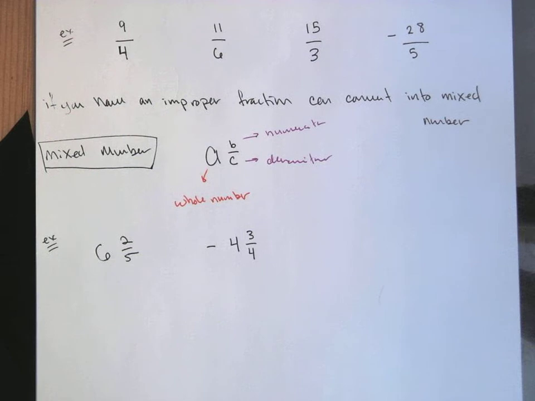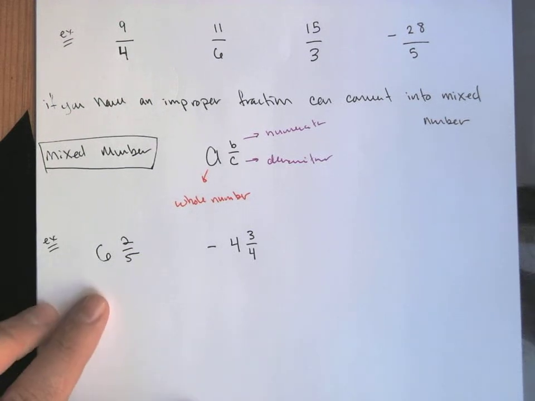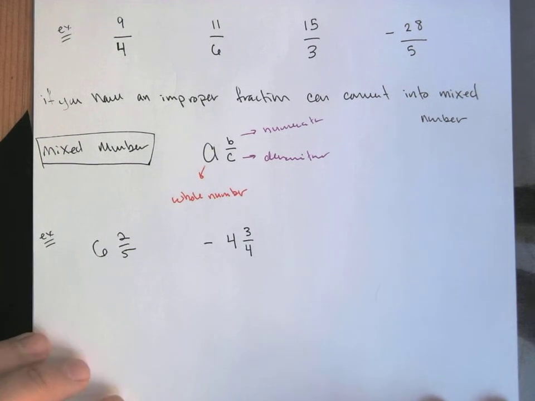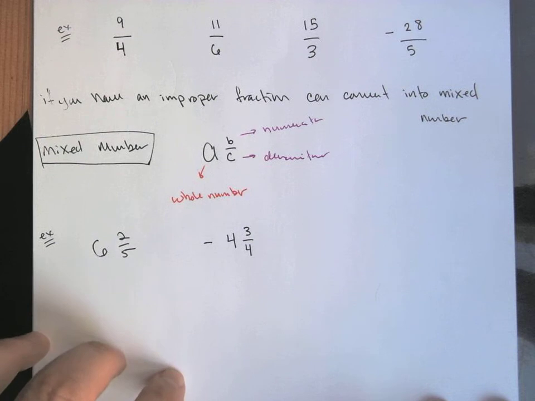But in terms of just how big is this number, something like 6 and 2/5 is a little easier form to conceptualize. I've got 6 whole pizzas, and then I have 2/5 of another pizza. So having a number written as a mixed number helps you see a little better what the size is. If you think of measuring stuff with a ruler.